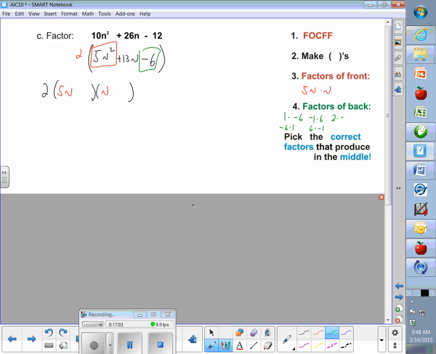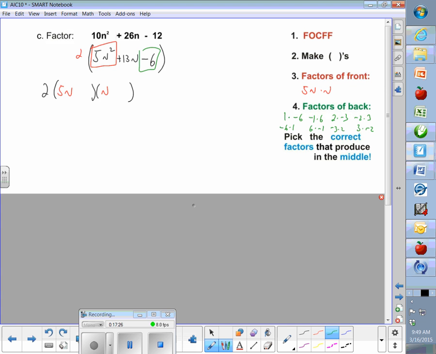I can have a 2 times a -3. Or the switched order, a -3 times 2. I can have a 2 times a 3, a -2 times a 3, or the switched order, a 3 times a -2. Now again, you don't need to write all those out. I'm just trying to show you what should be going on in your head.